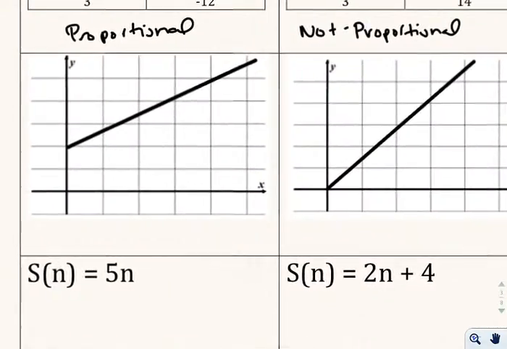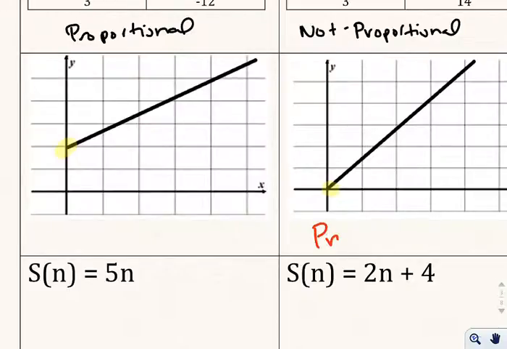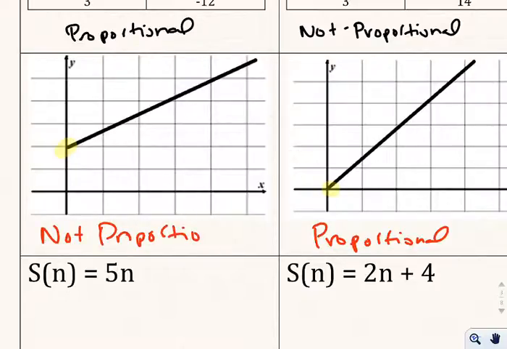So the way this direct multiplication plays out on the graph is equally interesting. Here we have a start value not at the origin. Here we have one at the origin. So we can actually claim that this side is a proportional side, and this guy is a not proportional side. Okay?